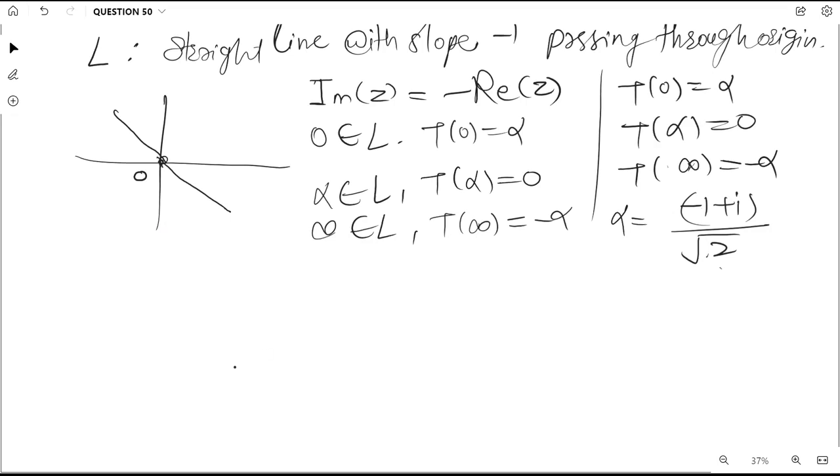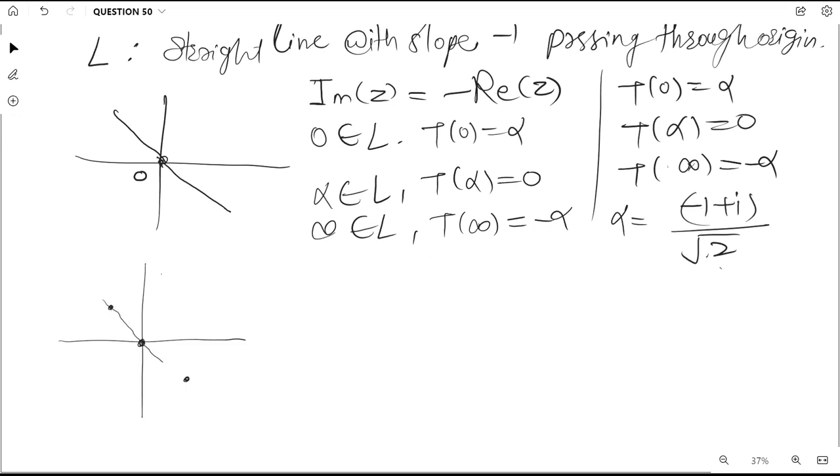If we look on this complex plane, alpha is this -1 plus i by root 2, so it will be somewhere here. And it is also on L, so it will be here. 0 is here, and again minus alpha will be here.